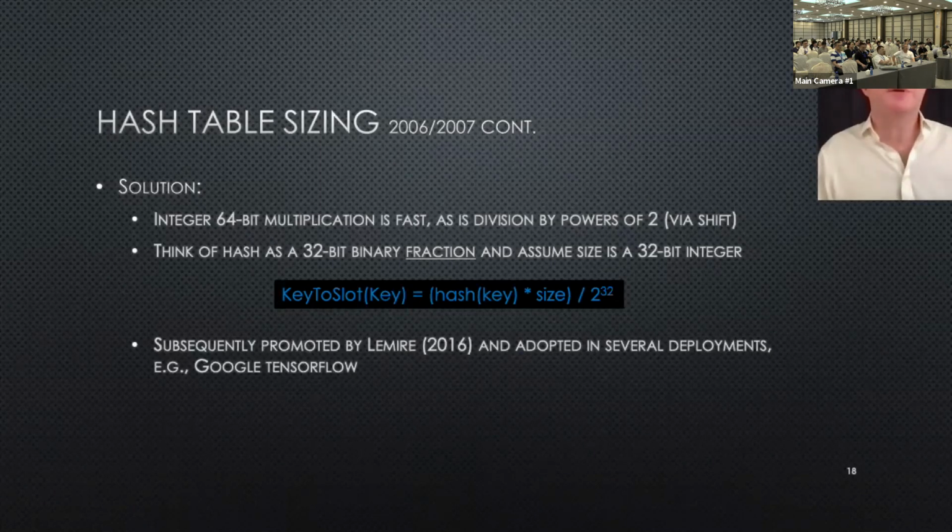So this is an idea I proposed in 2006, 2007. It was subsequently noticed and promoted by Lemire in 2016 on his blog, and it has been adopted in several deployments, including Google TensorFlow.